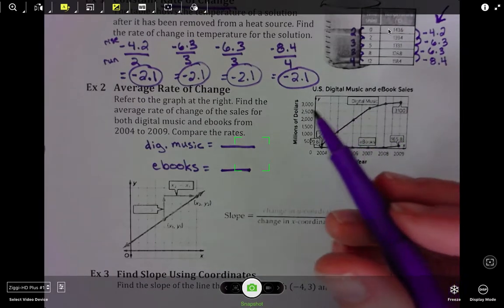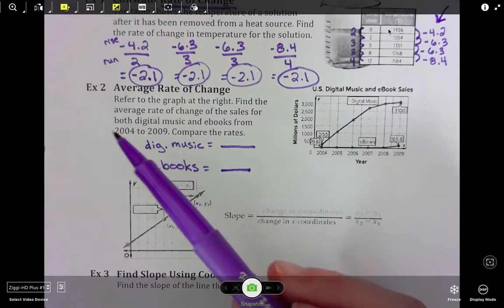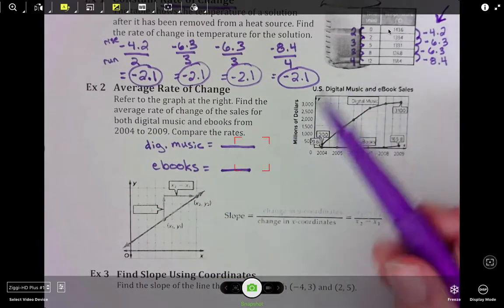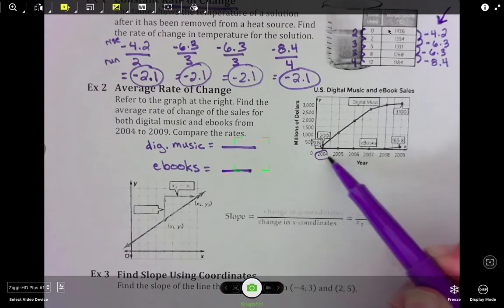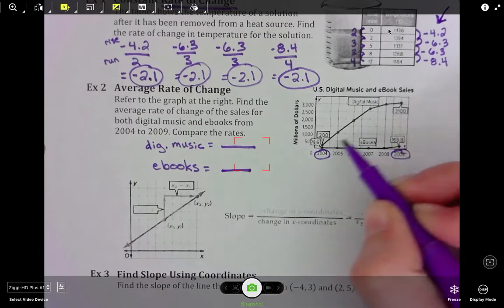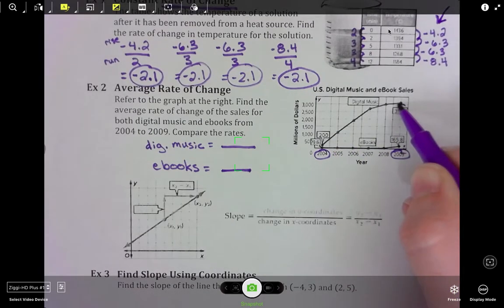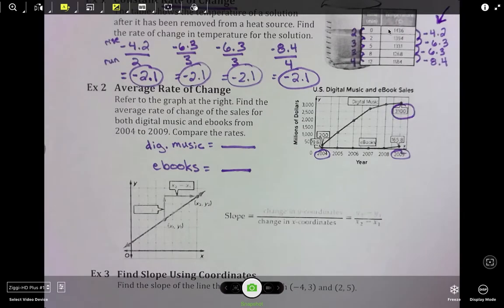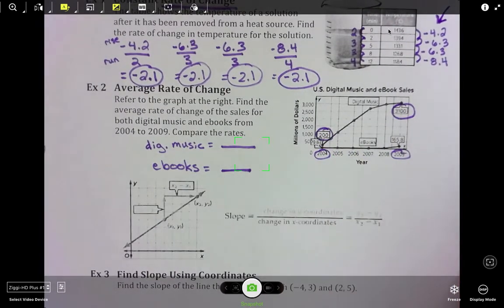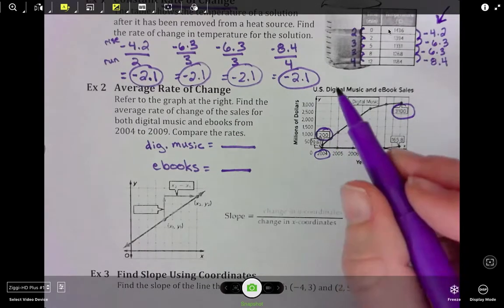But they want us to go from 2004 to 2009. So we're looking at the first date here, 2004, and what's happening in 2009. All right. In 2009, for digital music, I'm at $3,100, where I started at $200. Okay. So what I'm going to do is look at the change of y.